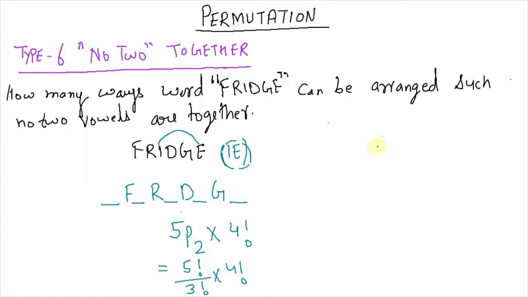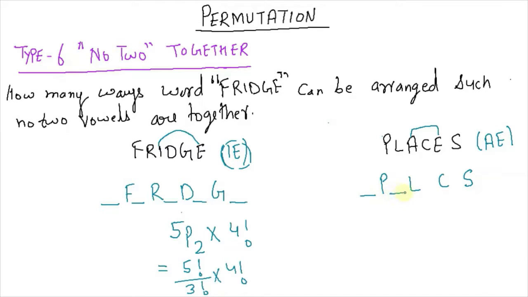Let's make it more clear with another example. In this example, the vowels we have are A and E. Write them separately. Then write the remaining letters, that is P, L, C, and S. What are the places we have?